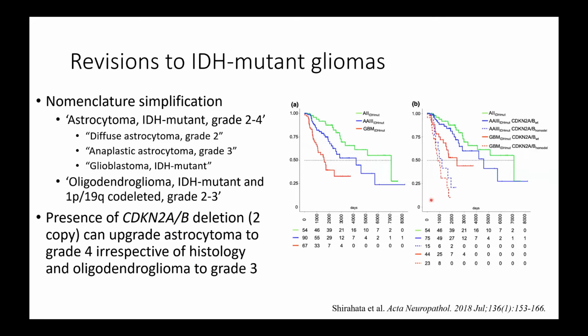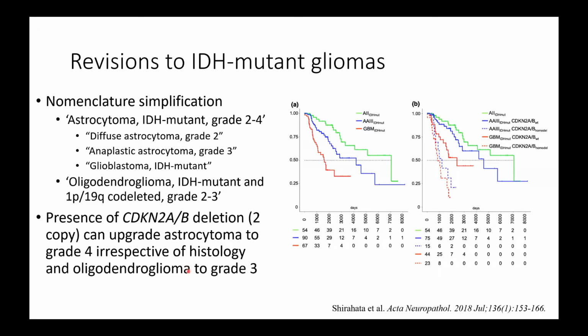So in this publication from 2018, one can see that tumors that had a variety of histologies, in this case grade 3 and grade 2 tumors that were IDH mutant that did not have CDKN2A loss behaved more or less equivalently, whereas those tumors that were either grade 3 or grade 4 and had homozygous CDKN2A deletion were very, very aggressive.